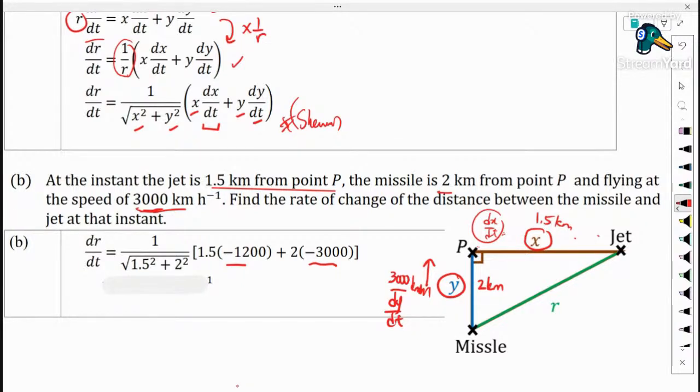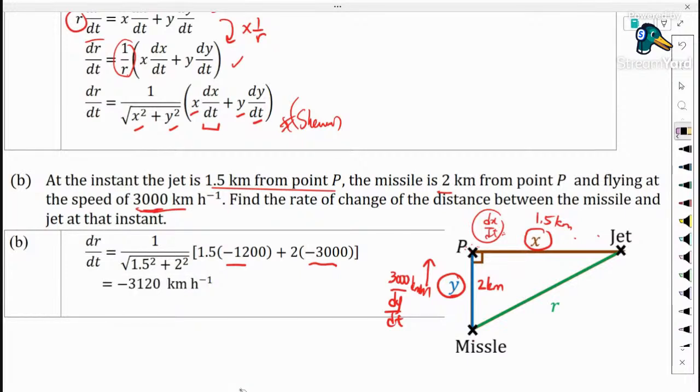Because x and y are defined as the distance between the jet and point P and the distance between the missile and point P. As time goes on, the distance between point P and the missile, as well as between point P and the jet, is getting smaller and smaller. It keeps decreasing. That's why the rate of change is negative here. And therefore, we calculate our answer.